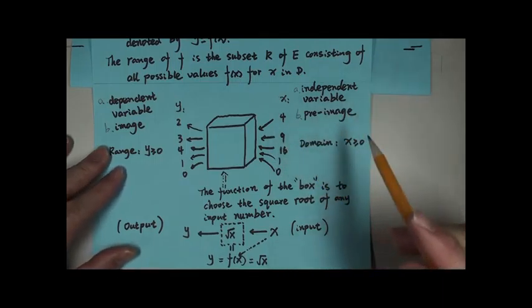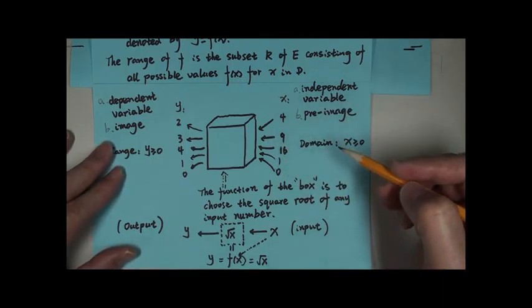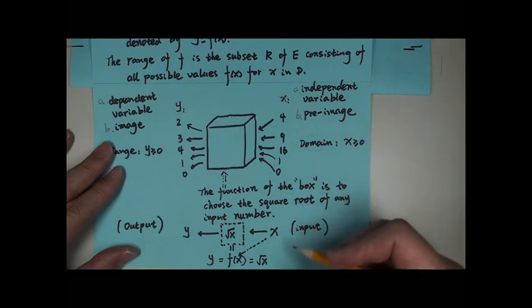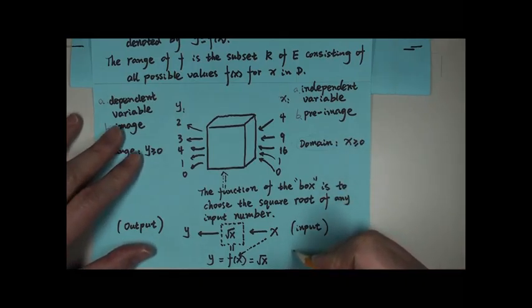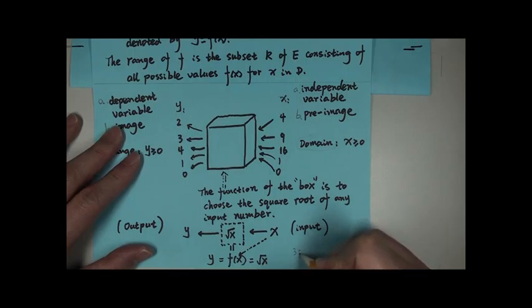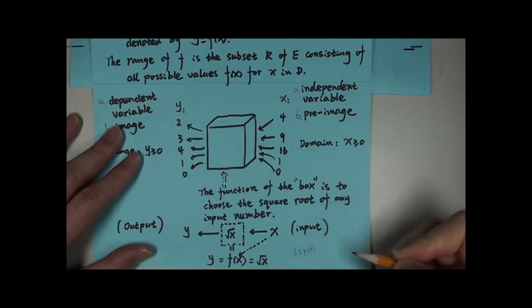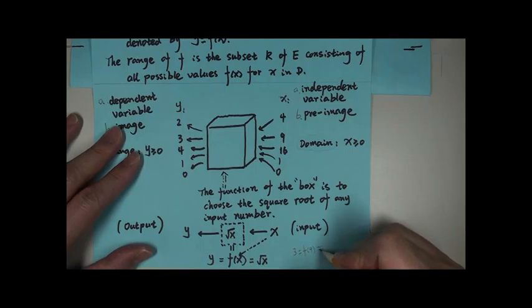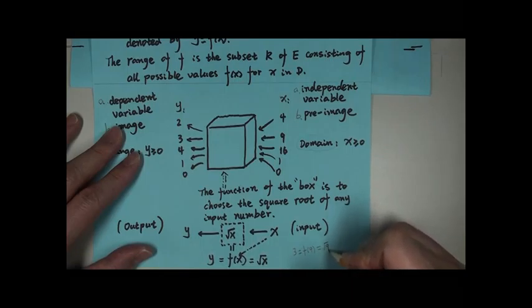You may write in this case, 3 equals f of 9, and that's actually radical 9.